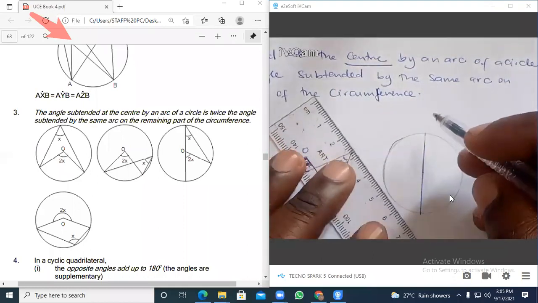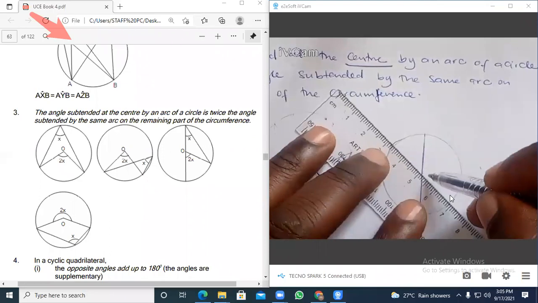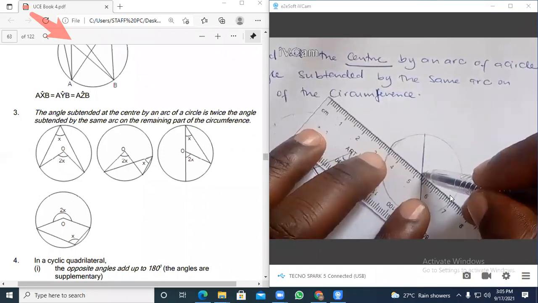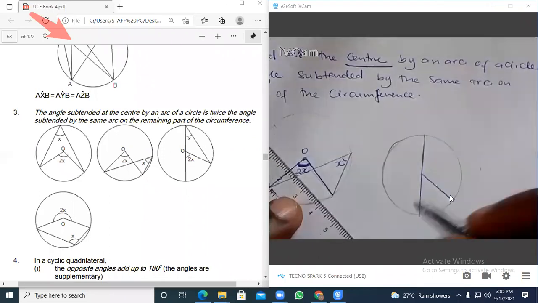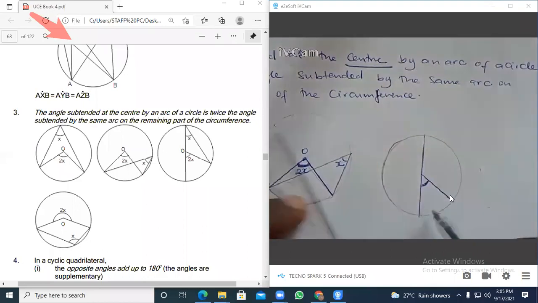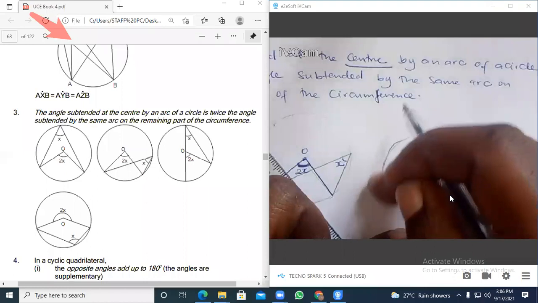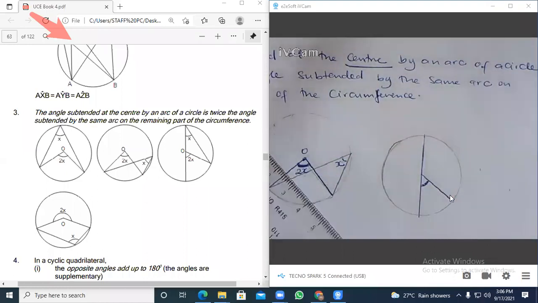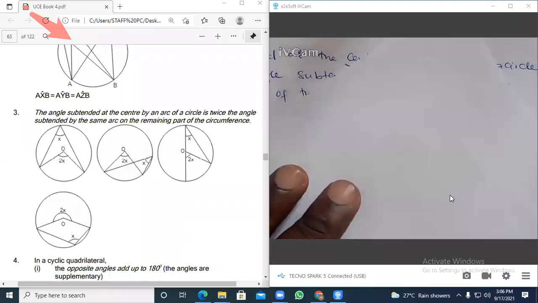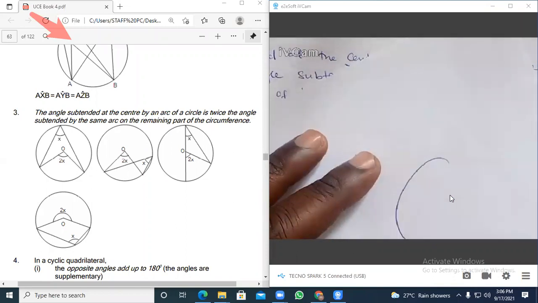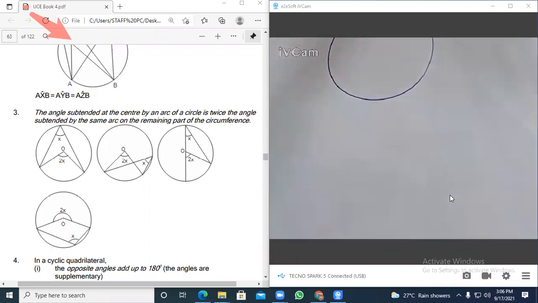Now, the angle which is at the center is this one. You may want to first draw this one, which is at the center. Now, any angle that is outside, I feel like drawing something else here and showing you in a rough way. I first draw and shade for you.